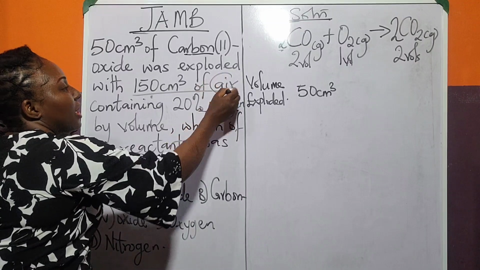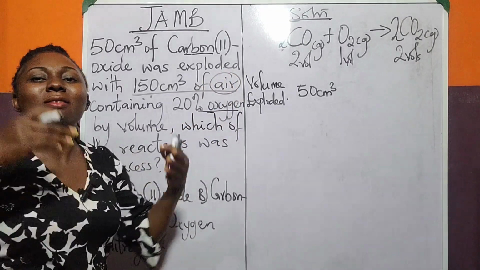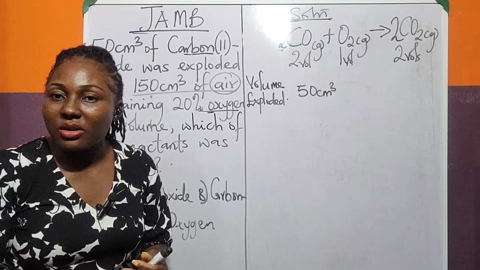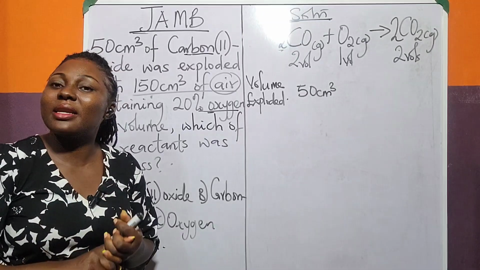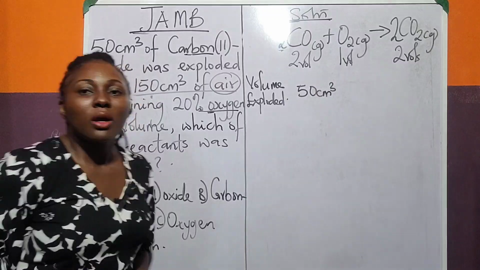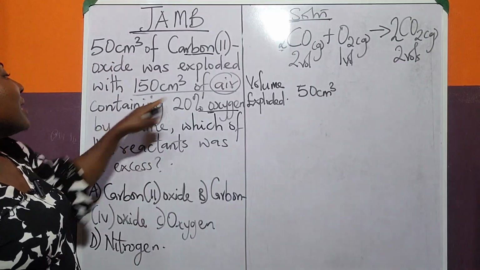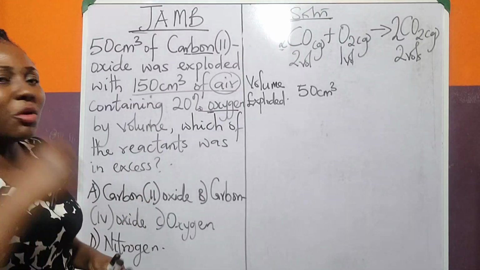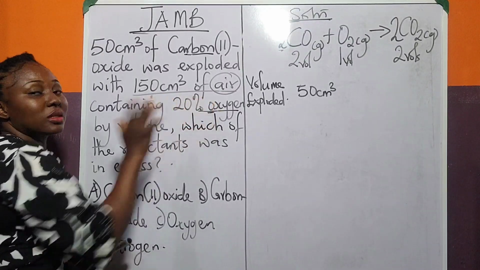And you know that in air, we have many gases. Oxygen is there, nitrogen is there, carbon(IV) oxide is there, and so on. Hence, they said that this air contains 20% oxygen. So let me quickly find the volume of oxygen that is there.